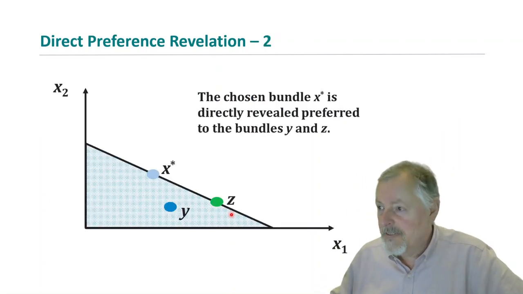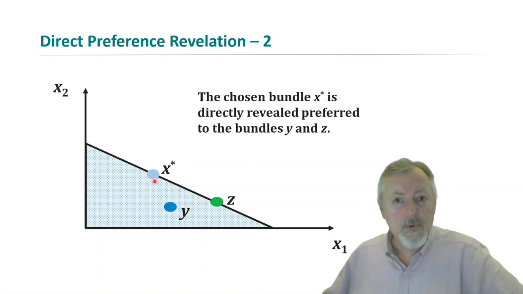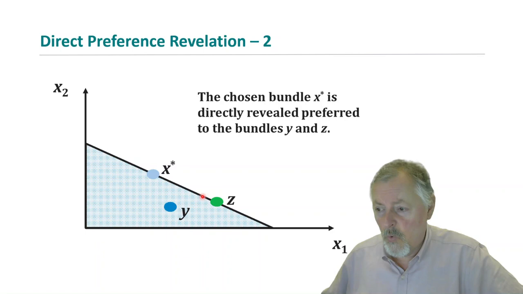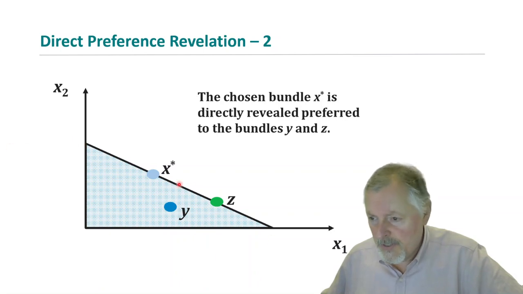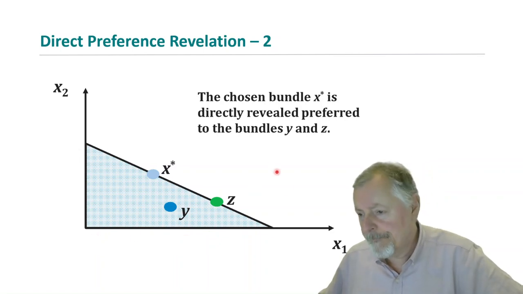Okay, here we go, an example. You have three bundles, X, Y, and Z. Your income and the relative prices of these things give you this budget line. And thus, in this light blue, this is your budget set. You can afford anything in light blue here.